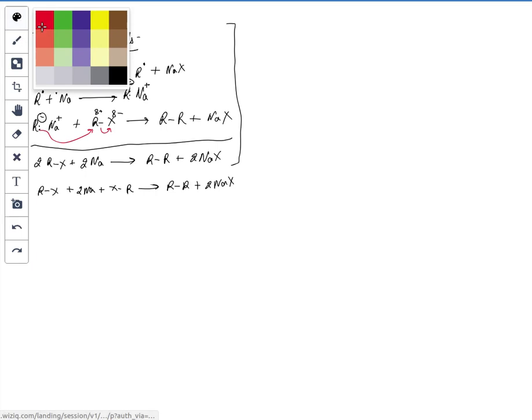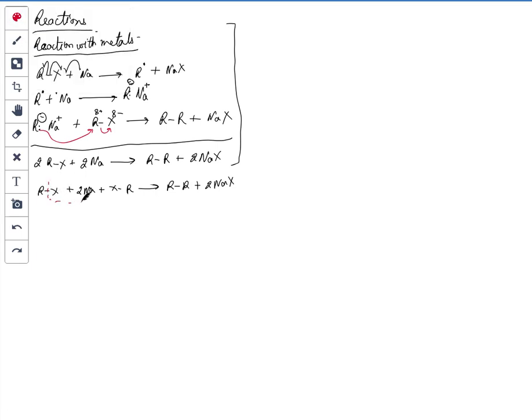You call it sometimes Wurtz coupling reaction. Now, this is the preparation of an alkane from alkyl halide. Okay, this is the Wurtz coupling reaction.